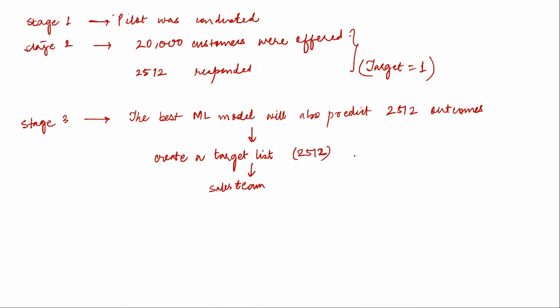Now, put yourself in the project champion's shoes. Do that for 1 second. The project champion initially placed 20,000 bets. These are bets placed. These are bets won. Isn't it? 20,000 bets were placed, and these many bets were won. Because of ML, the best possible model will only give me these many.